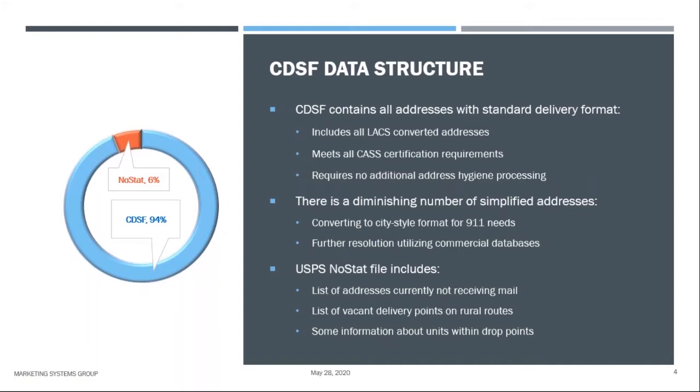Addresses also are CASS certified. That's very important when you go to mail. Most mail houses will require the mail list to be CASS certified. CASS stands for Coding Accuracy Support System. It evaluates the quality of the address, and it corrects and matches the street address, the ZIP+4, and the carrier route.